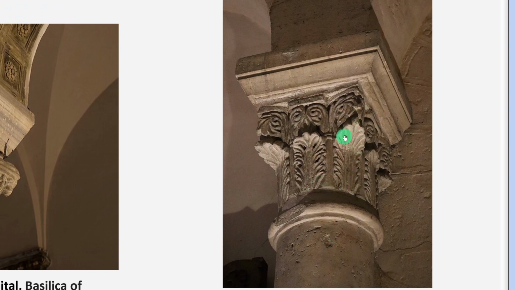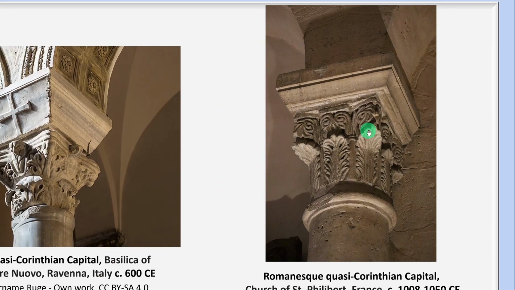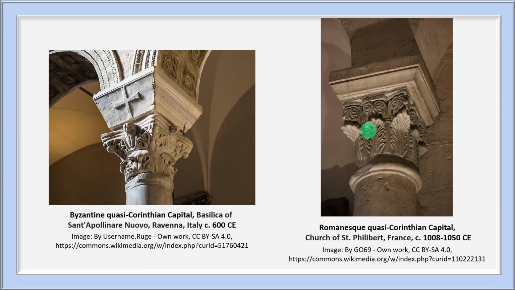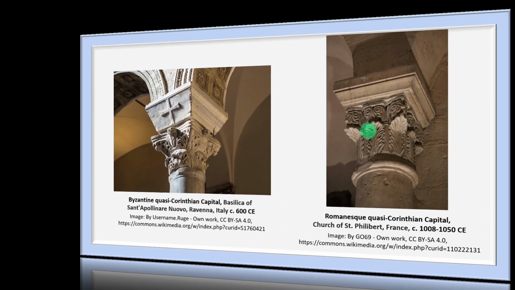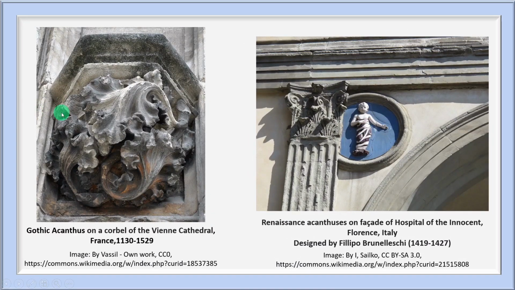Here the acanthuses are a bit more straight. Then this one is a Gothic acanthus on a corbel of the Vienne Cathedral, France.